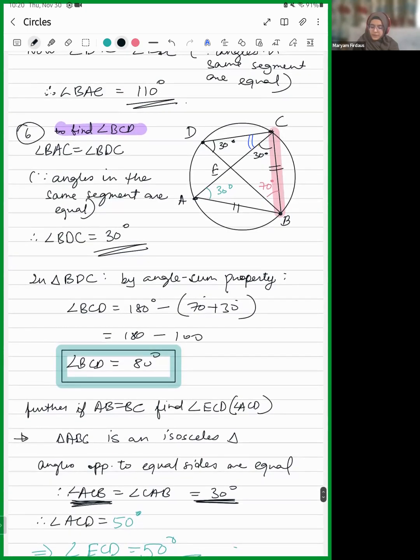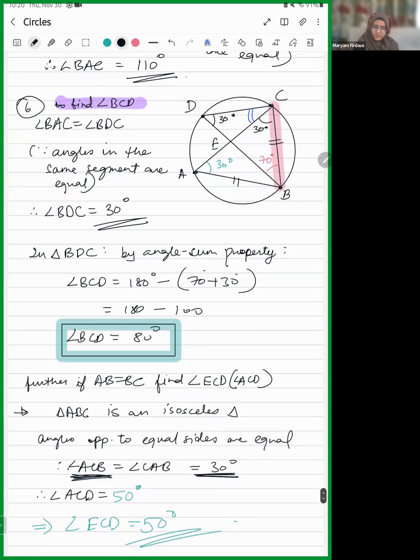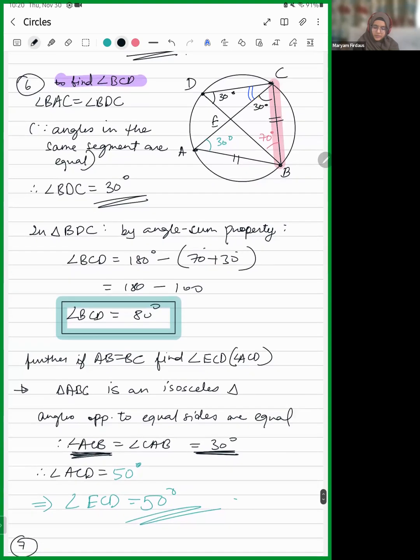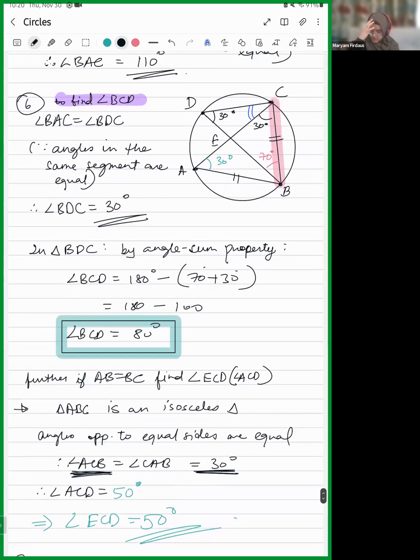This is a cyclic quadrilateral. Is it given? So, no, we could not have done it in another way. Whose diagonals intersect? Just a minute. Yeah, fine.